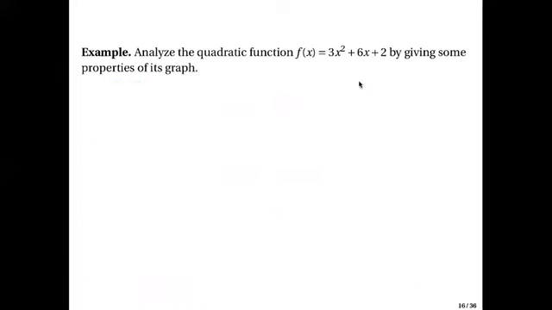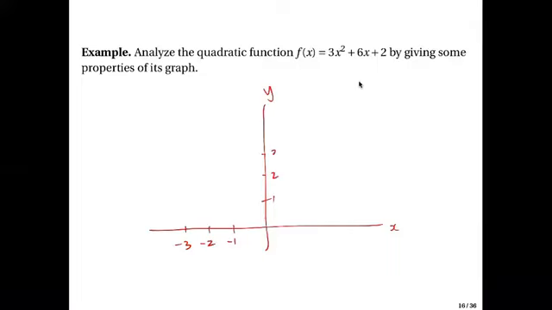Then let's sketch it. So again, we have this Cartesian plane. This is your x. This is your y. Let's have here negative 1, negative 2, negative 3 in here. Then here you have positive 1, positive 2, positive 3.